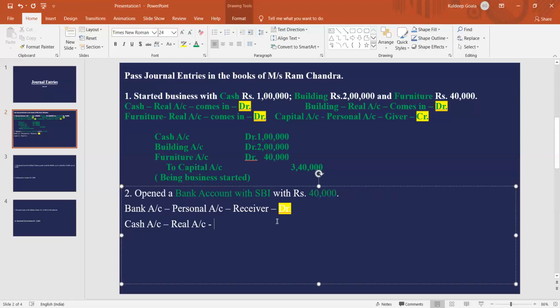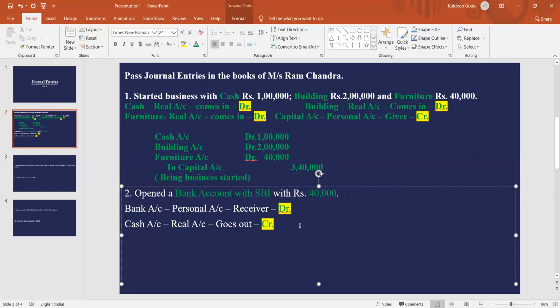Cash is going out from the business, and goes out will be credit. Okay, is it clear everyone? Goes out will be credit, and here bank is a receiver, so debit.